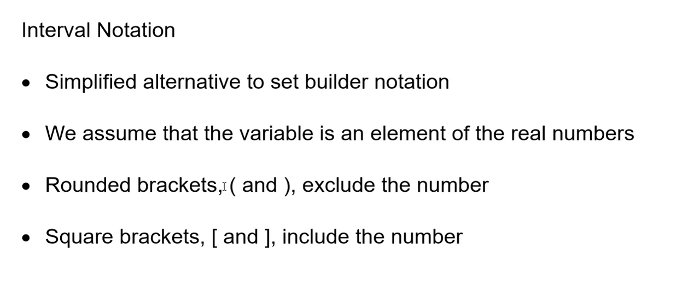We use curved brackets when we want to exclude the number. So that would be used in situations where the number is either less than or greater than the variable, depending. And we use square brackets when we want to include the number. So when we want to say something like less than or equal to, or greater than or equal to.